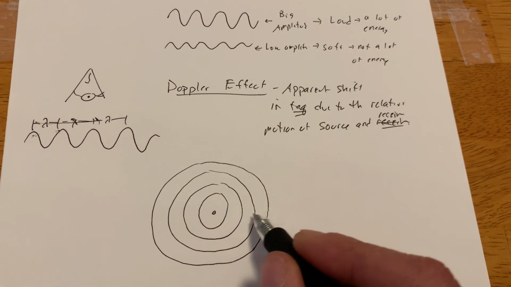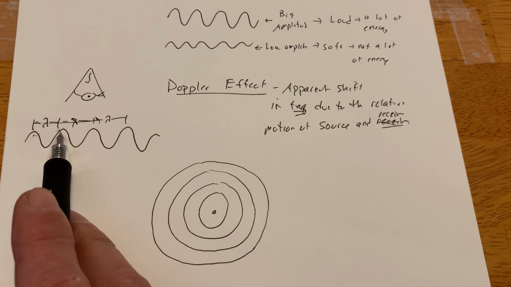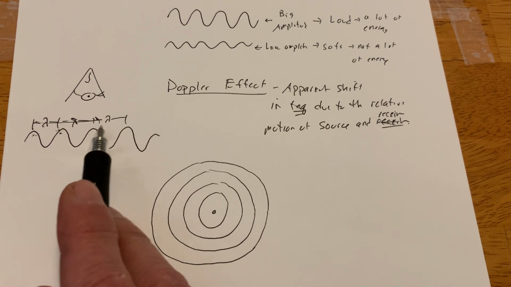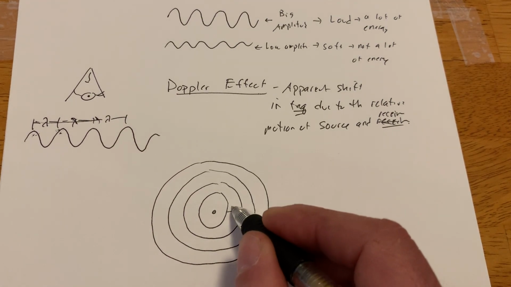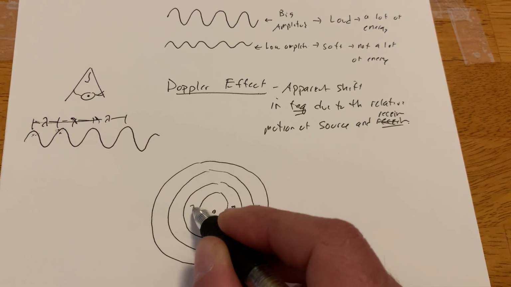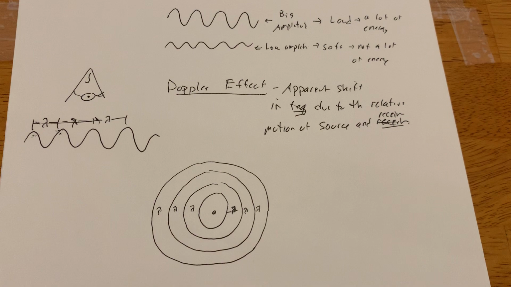So what do these solid lines represent? The solid lines represent the distance from crest to crest, which means that this distance here is a wavelength. That's a wavelength. That's a wavelength. That's a wavelength. That's a wavelength. And that's a wavelength. Okay?